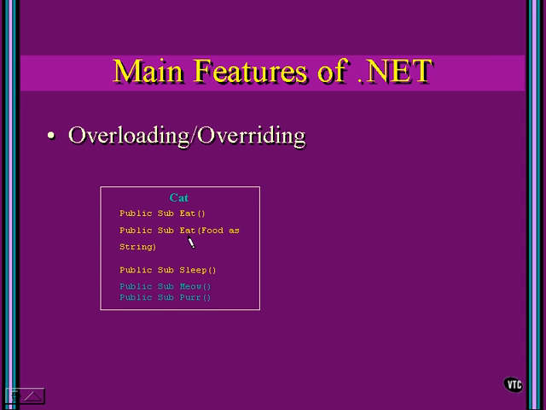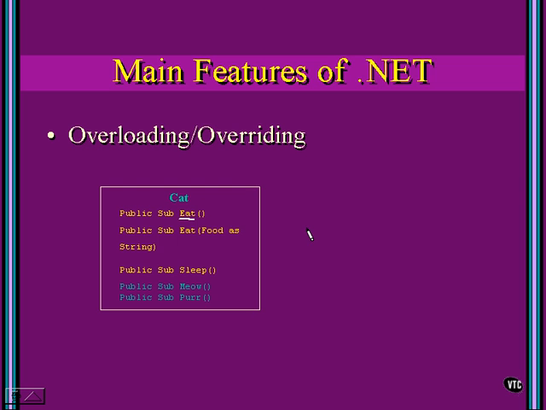Well, notice I can create another subroutine called eat. Obviously, the only difference that you see on the screen here is the arguments that we're going to pass this sub when we call it. This is referred to as the signature. So what we can do in the .NET framework is we can have multiple subroutines with the same name, but they can have different signatures, and that will make them unique.